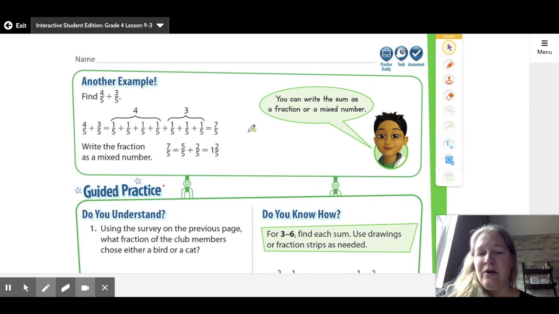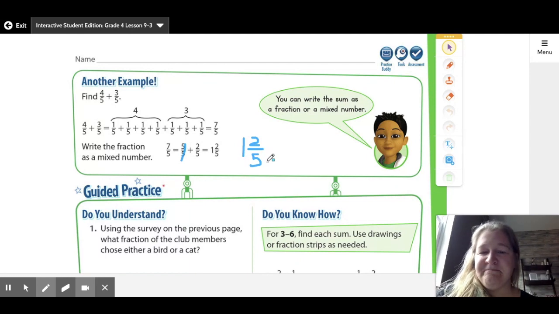Well, we know that 5/5 is equivalent to 1, right? Any number over itself is equivalent to 1. So 5/5 or 1 plus 2/5 is a mixed number because we've got one whole and a fraction. Either way would work, 7/5 or 1 and 2/5.